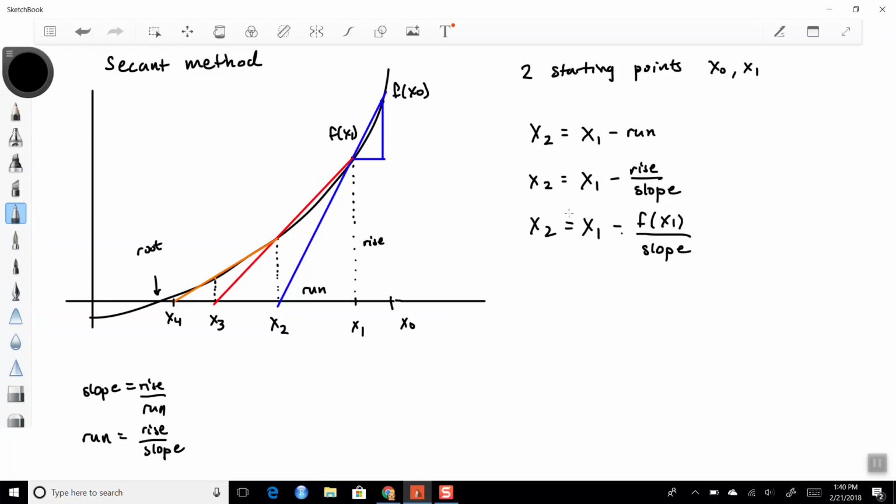Okay, so the slope is determined by the blue triangle. Okay, what is the slope of the blue triangle?